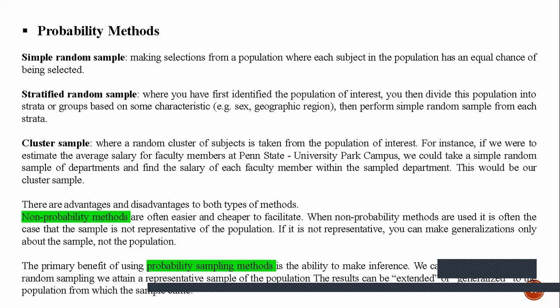If we use a probability sampling method and do the entire analysis and sampling, then we can derive our results, and the results which we obtain from those samples can be generalized or extended to the population as well.